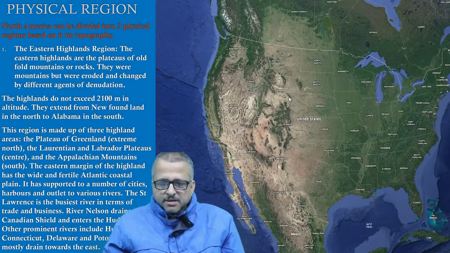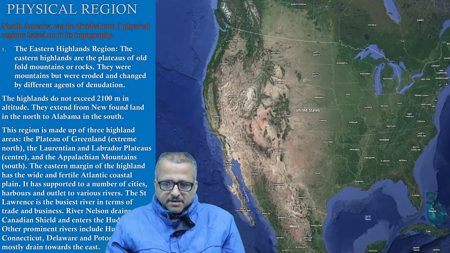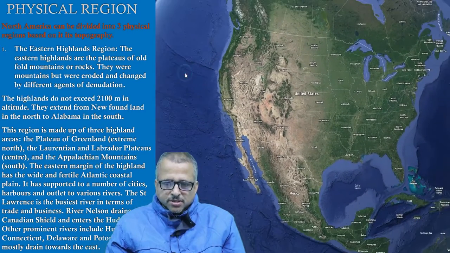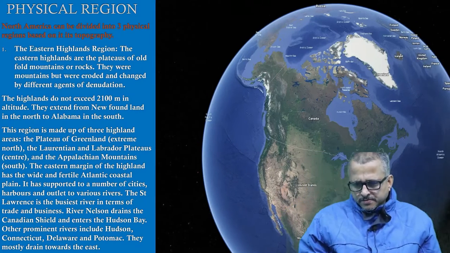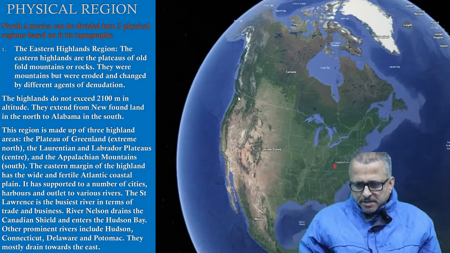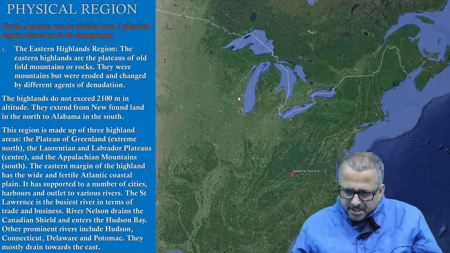If we talk about physical features, before that let me show you some physical features of North America, the Appalachian Mountains. Let me show you the land features of the Appalachian Mountain range.